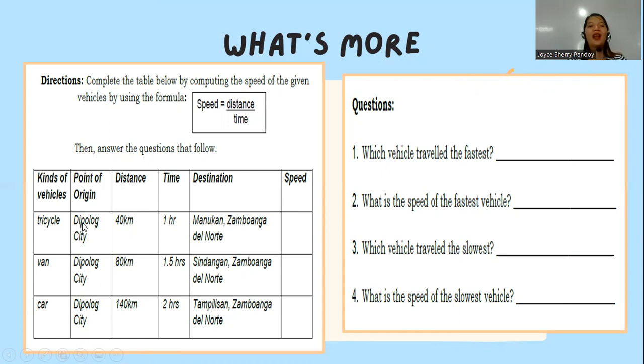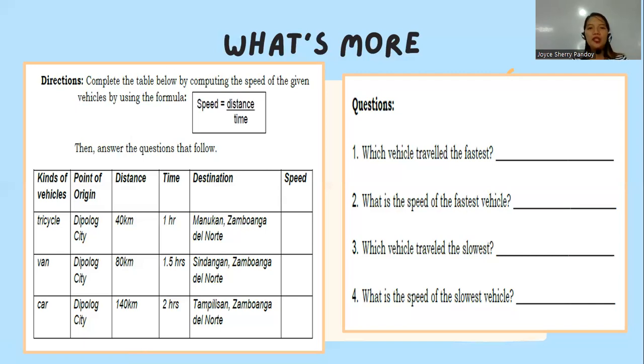Isa lang na. So we are going to calculate the speed of the tricycle. Ang point of origin ni tricycle or reference point, gikan siya sa Dipolog City. Ang distance nga gi-travel is 40 kilometers. Gi-travel niya within 1 hour. Ang iyang destination, padulong siya sa Manukan, Zamboanga del Norte. Meaning the tricycle takes 1 hour to travel from Dipolog City to Manukan, Zamboanga del Norte.